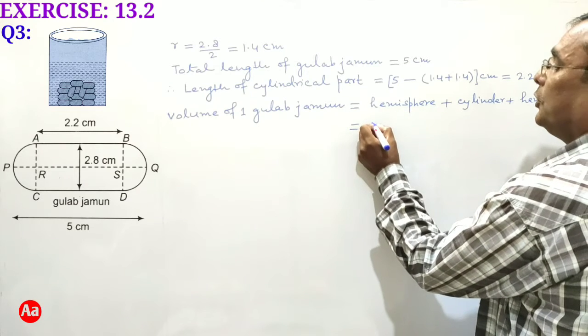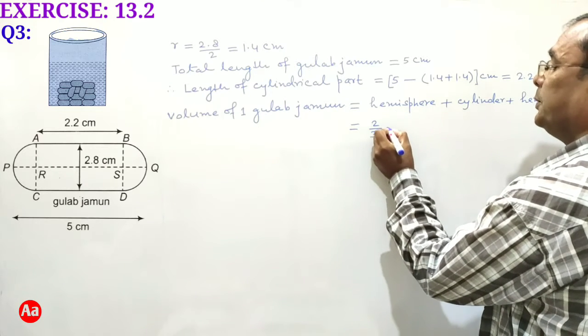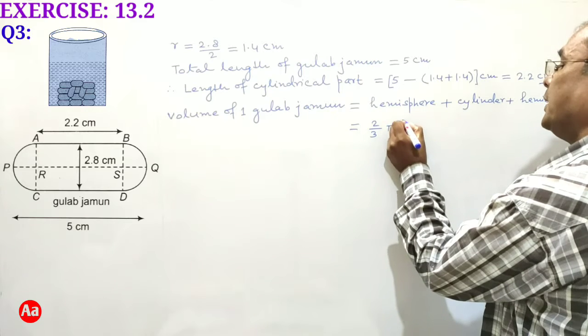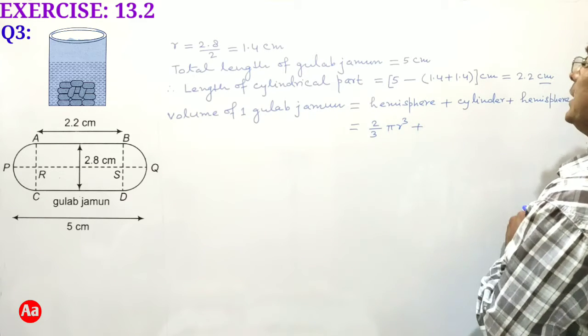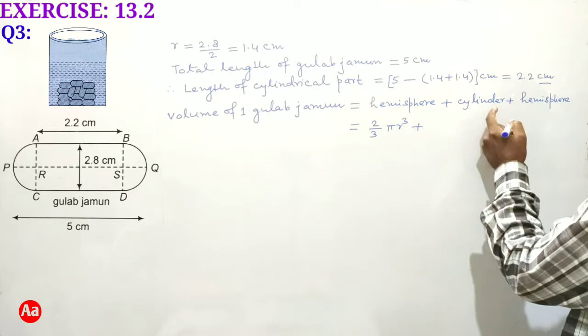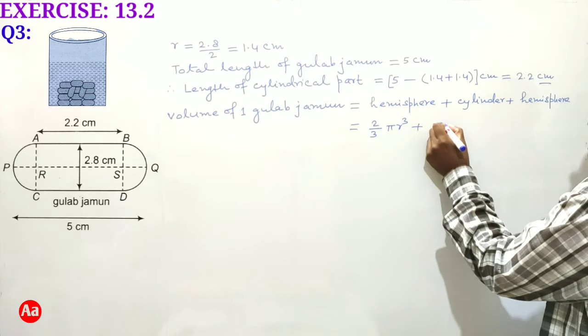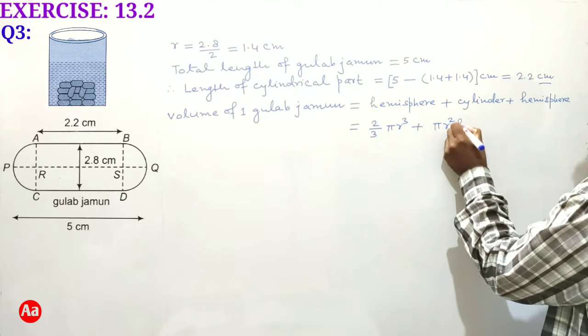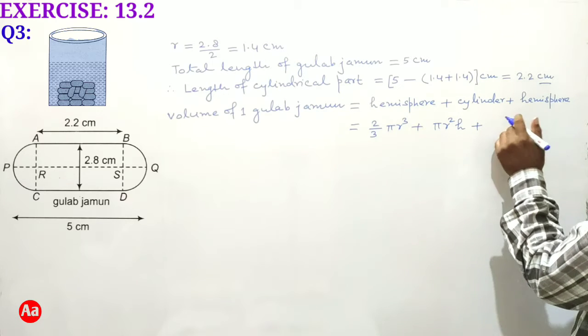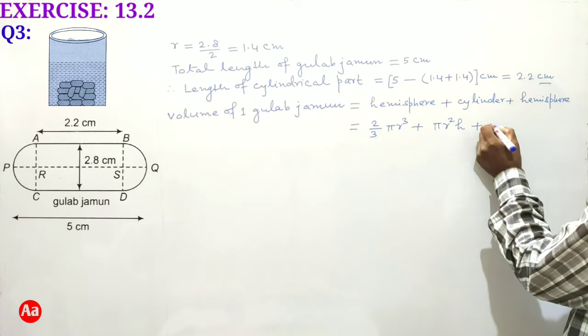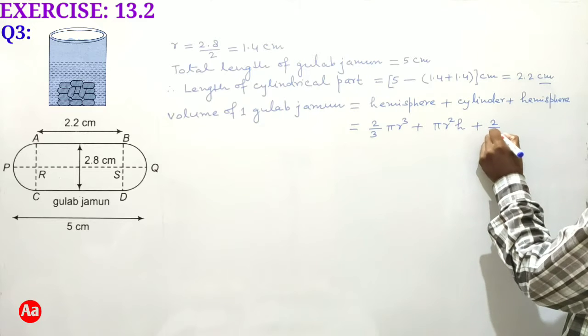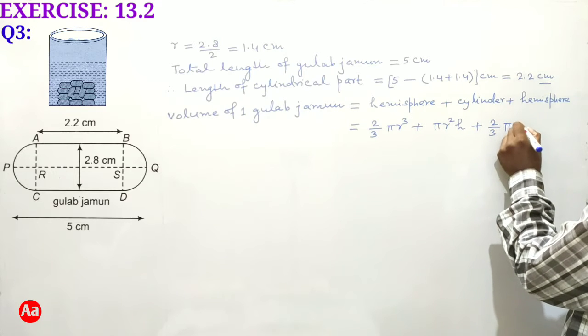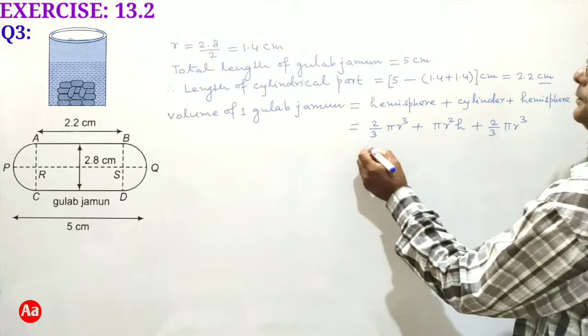Hemisphere volume formula 2 by 3 pi r cube, plus volume of cylindrical part of the gulab jamun pi r square h, plus volume of again hemispherical end 2 by 3 pi r cube.